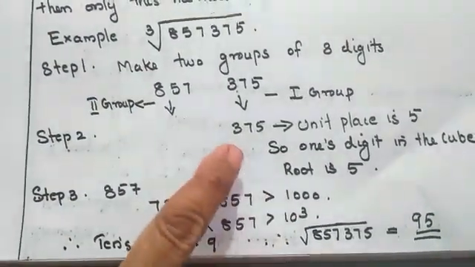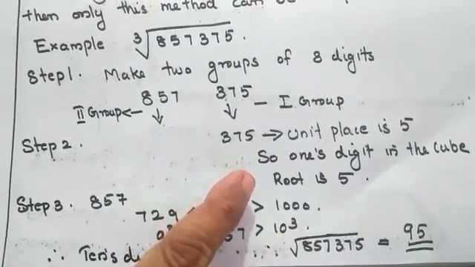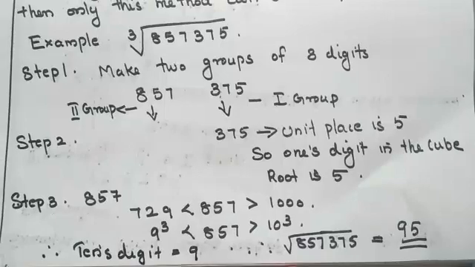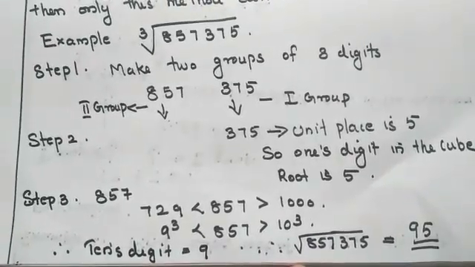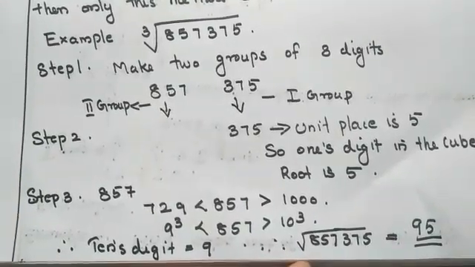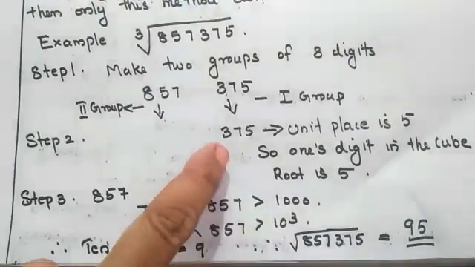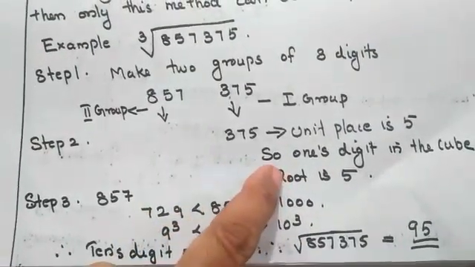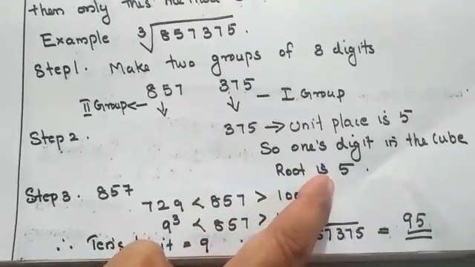So 375 ending with the number 5. You know, if the ones digit is 5 in the number, its cube root contains 5 itself in the ones digit. So we can assume the ones digit will be 5 in the cube root.